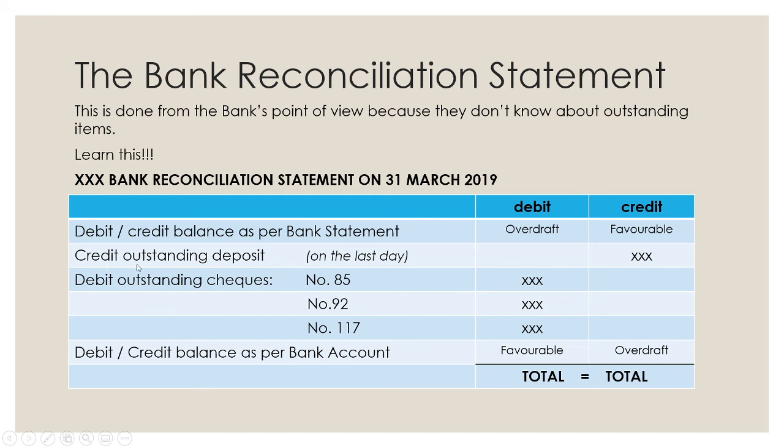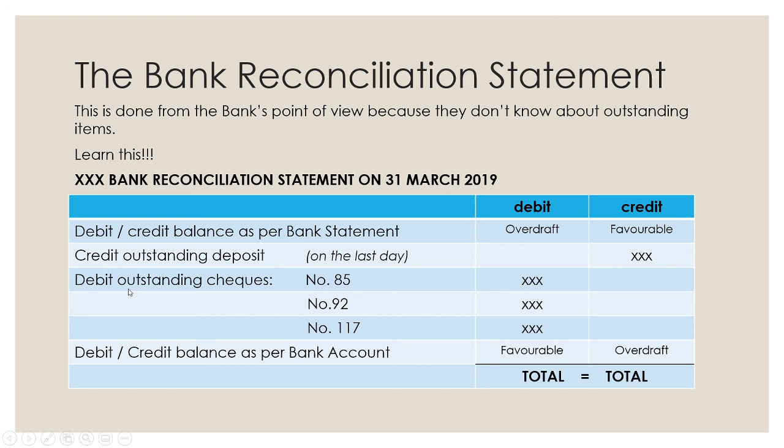Now, you're going to credit outstanding deposits. Everything that is not on your bank statement but is in your CRJ, you're going to list under this heading, and then you're going to credit it. Remember, it's from the bank's point of view, so deposits will be credited.